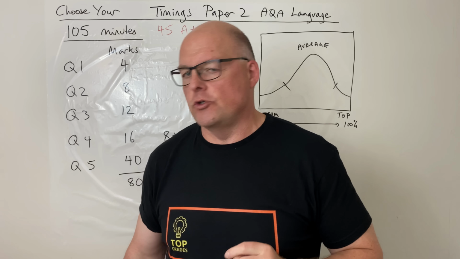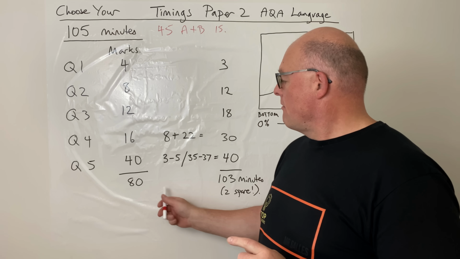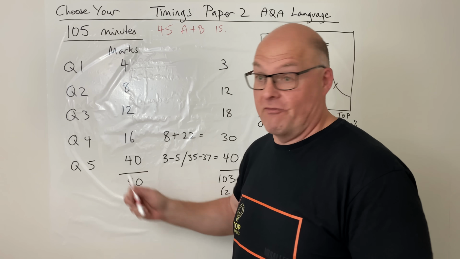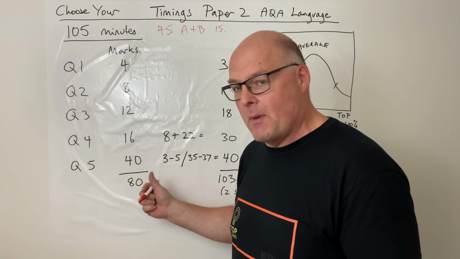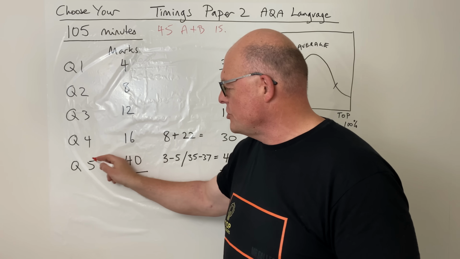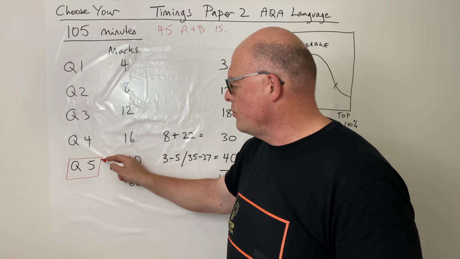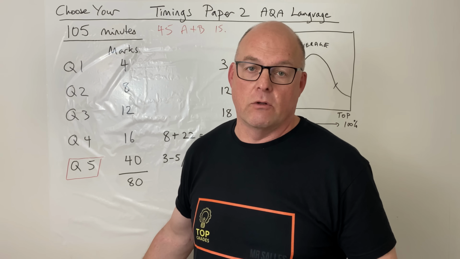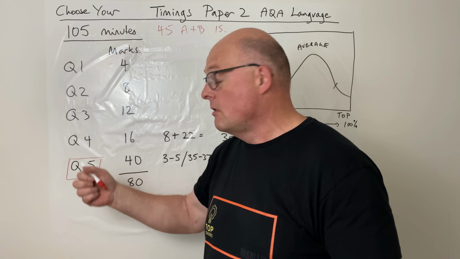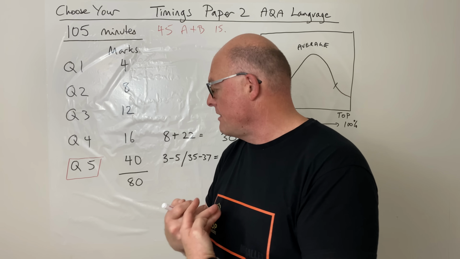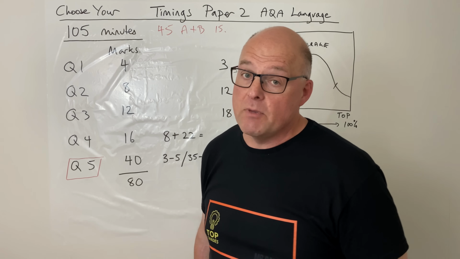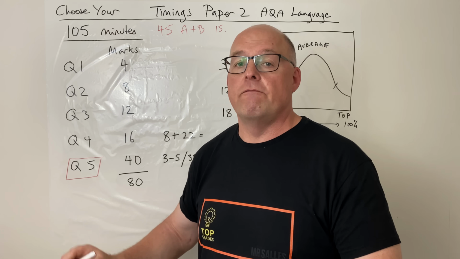So, what's my solution? Well, there are 80 marks and 40 of those, so half the marks, are available for question 5. So guess what? I want to make sure I nail as many marks as possible. When I've got all the energy necessary at the beginning of the exam, I am going to do question 5 first.